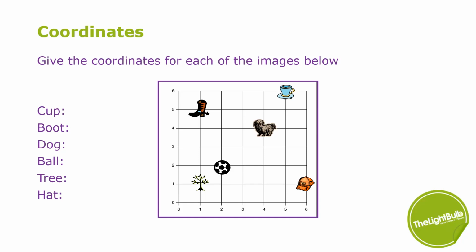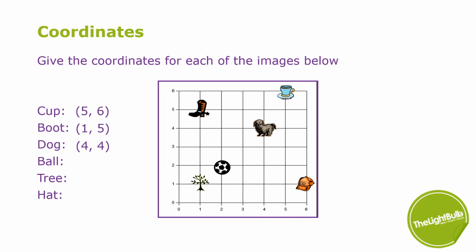Okay, well, that's your 10 seconds from my point of view, but obviously you may have had longer if you stopped the video. So the cup is at 5, 6, so it's 5 along and then 6 up. The boot, feels like a game of Monopoly this, is at 1 and then 5. The dog is quite a straightforward one, 4, 4.